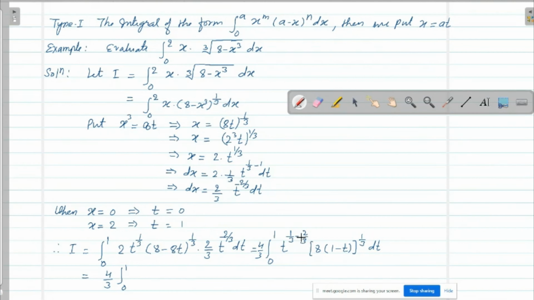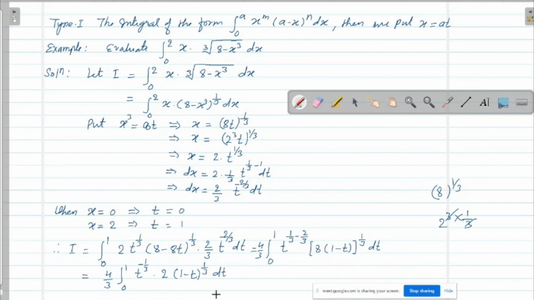Now 8 power 1 by 3 can be written as 2 cubed power 1 by 3, so the 3 cancels and this becomes only 2. So I am taking 2 here, getting 1 minus t raised to 1 by 3 dt. Are you getting this step? Yes, sir. Okay, let us go next.